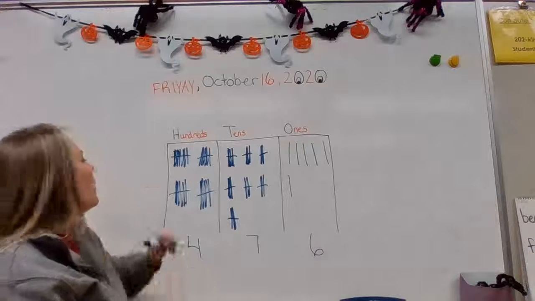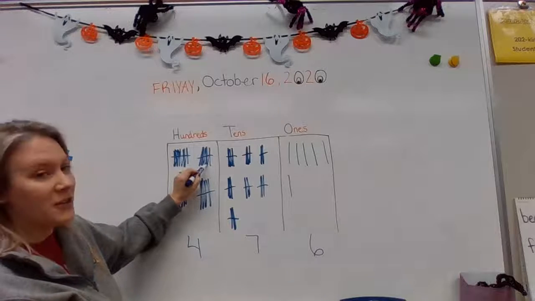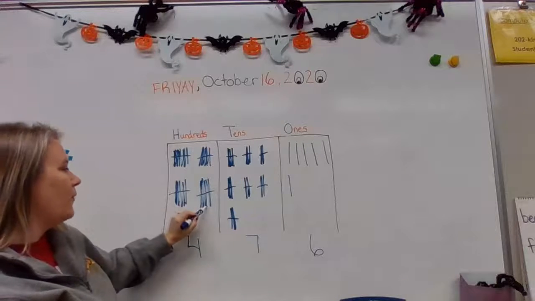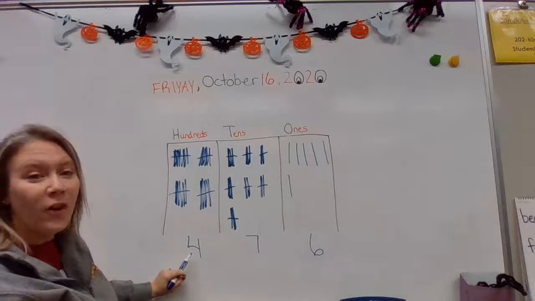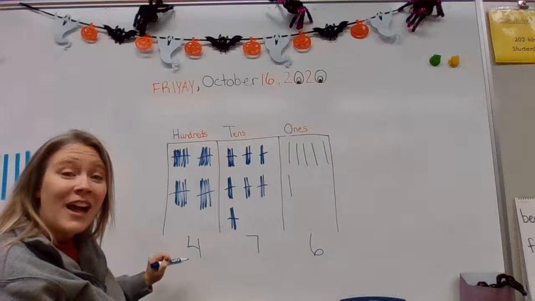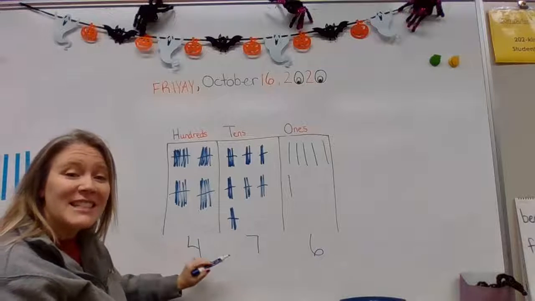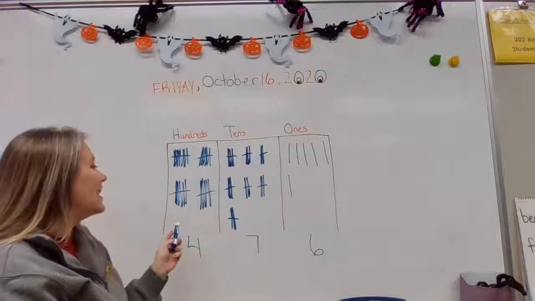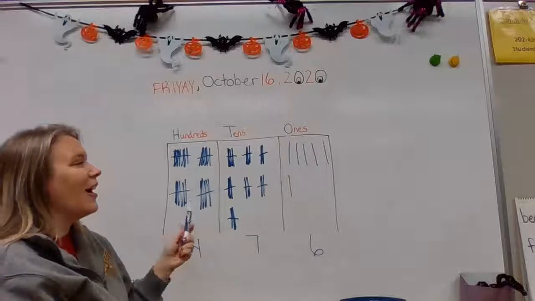Let's double check. 100, 200, 300, 400. We have 400. Great. So we just drew the number 476 and what that looks like represented with straws.